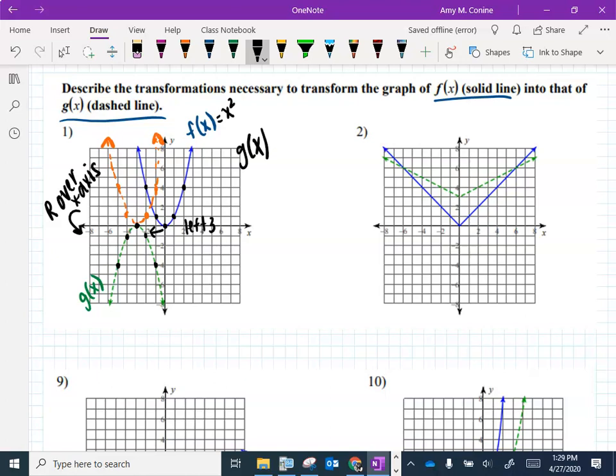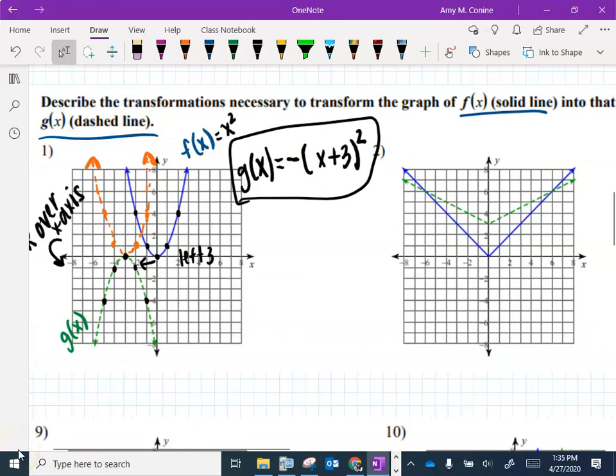So g of x should equal, we know that there is a shift left, which is a +3. And we know there's a reflection over our x-axis, which is on the outside. It's not on the inside. So this should be my translated function.